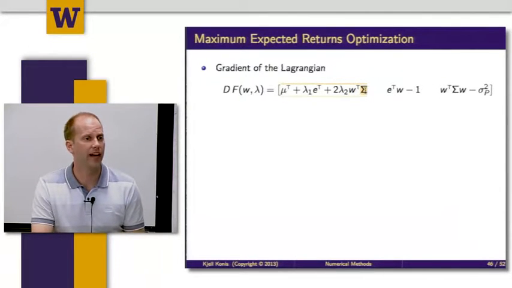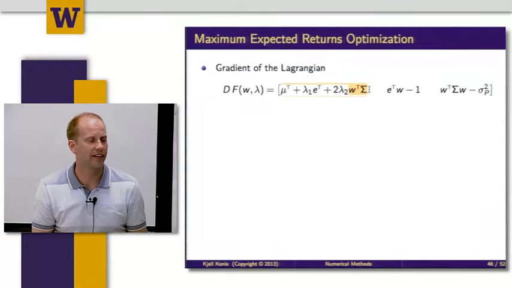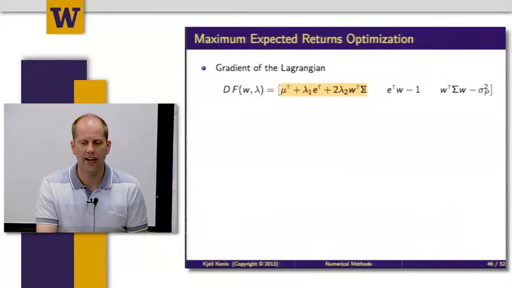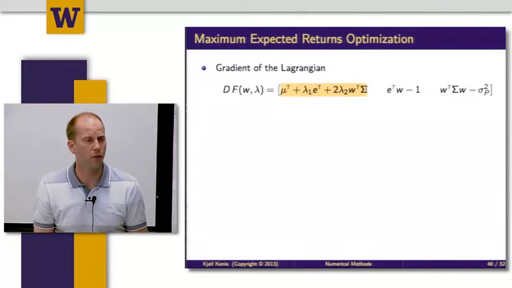And sigma is an n by n covariance matrix. So a 1 by n vector times an n by n matrix gives me a 1 by n output, which is again a row vector of n elements. So I can sum up these three terms, and that's going to give me one row vector with n elements.